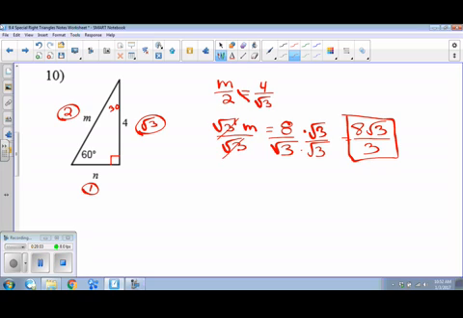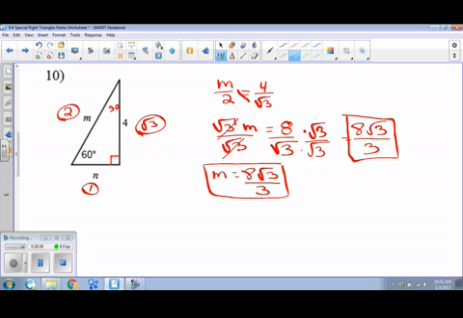Okay? Can't have an irrational number in the denominator. So we made it rational. We forced it to be rational. So m equals 8 square roots of 3 over 3.